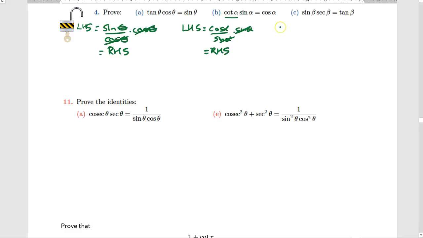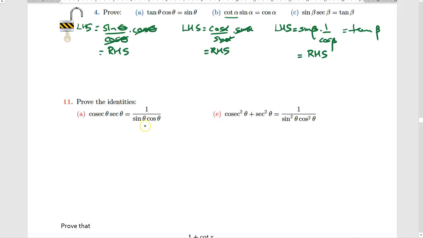And our last one here, again, left-hand side, sine, nothing we can do with that, but sec is 1 on cos, and now we know that sine over cos is tan, so that equals the right-hand side. I should really make that explicit, so I should say equals tan beta. So just be careful. Treat the examiner like an idiot and you'll be on the right track.